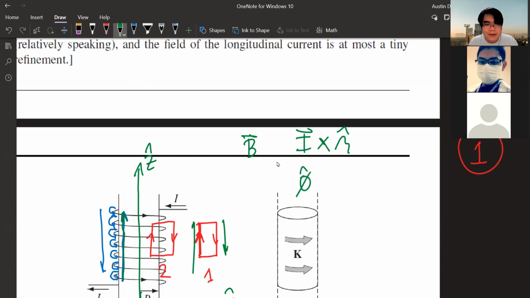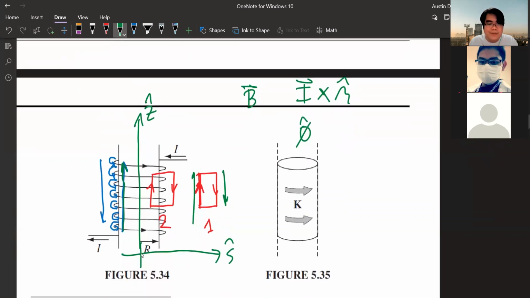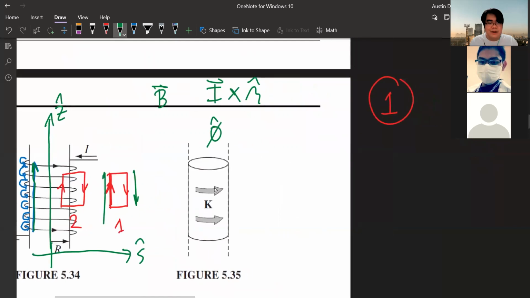So bawal na agad si B maging phi hat. And then si R ko ay tinitingnan ko siya with respect to the z-axis. So bawal siya maging S hat at phi hat agad. Okay, kasi may cross product pa dun pagdating sa Biot-Savart.